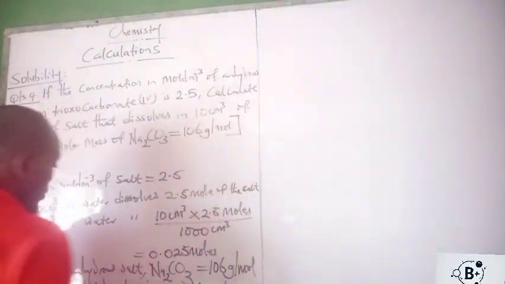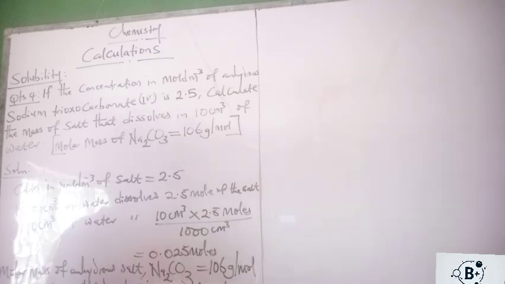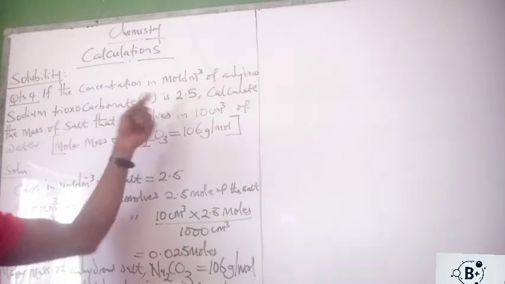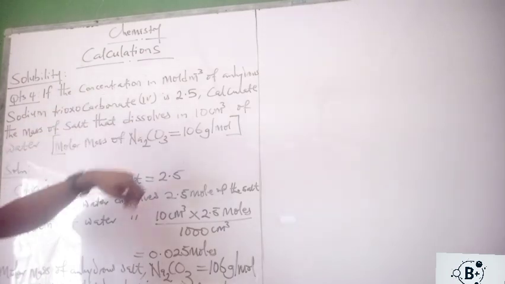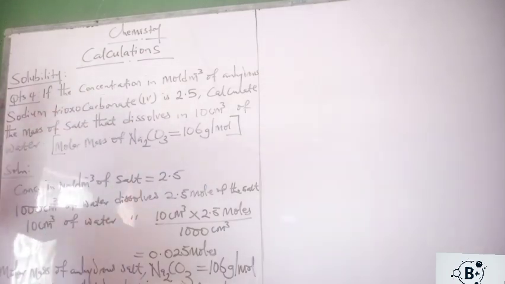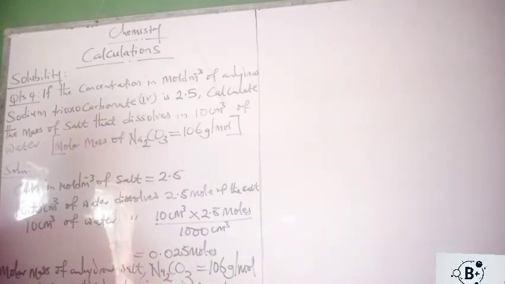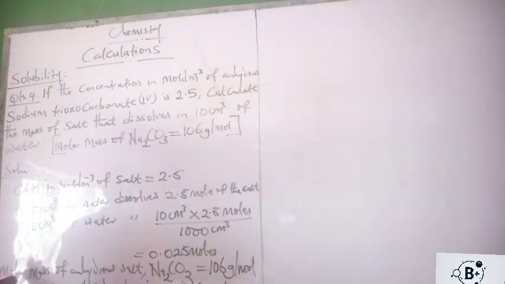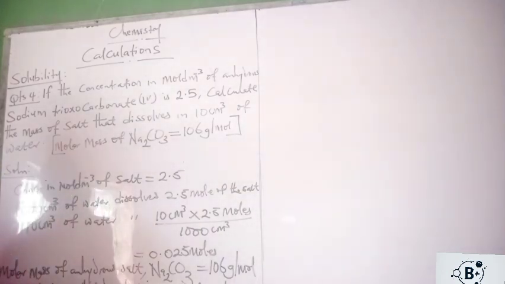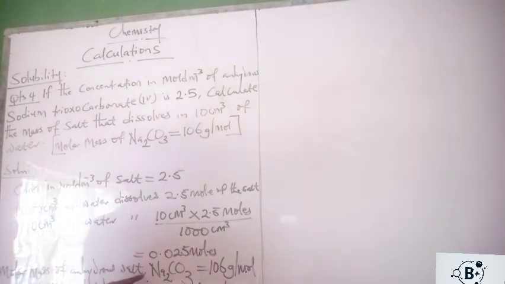Then we move on to get the mass, because the question is not asking us to calculate the moles. The question is asking us to calculate the mass. If it were asking us to calculate the mole, then we would have stopped here. But now the question is asking us for the mass, so we have to say the molar mass of the anhydrous salt, sodium trioxocarbonate(IV), is equal to 106 gram per mole.